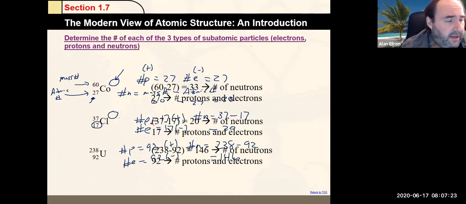But because an atom can be neutral, if you know the number of protons, you also know the number of electrons, which are negatively charged. So it will allow you to figure out both of those pieces of information. But really the true definition of atomic number is just the number of protons.